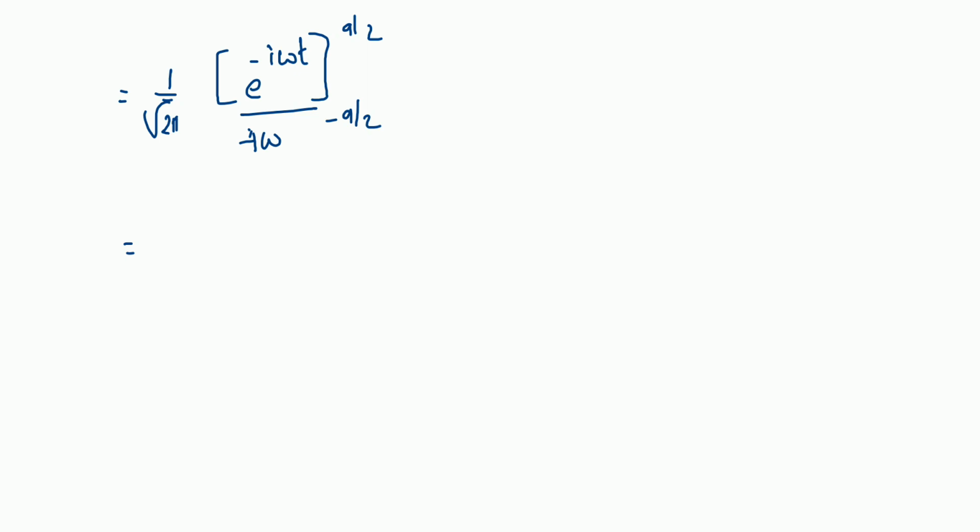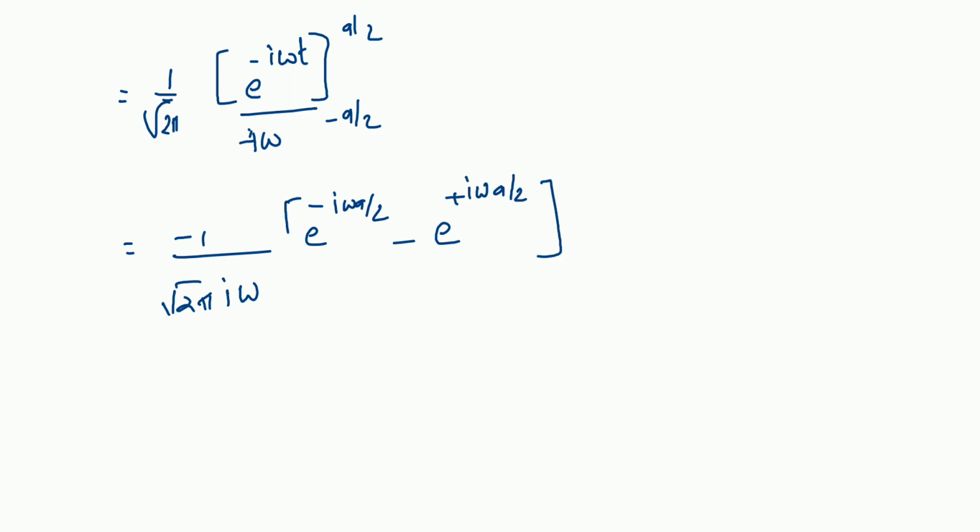So that is equal to 1 by root 2 pi, put that minus sign, i omega, take the minus to the numerator, and you will get, substitute the limits, e raised to minus i omega a by 2 minus e raised to plus i omega a by 2. When you substitute that minus lower limit, of course you are going to get e raised to plus i omega a by 2. Now I can rearrange this equation.